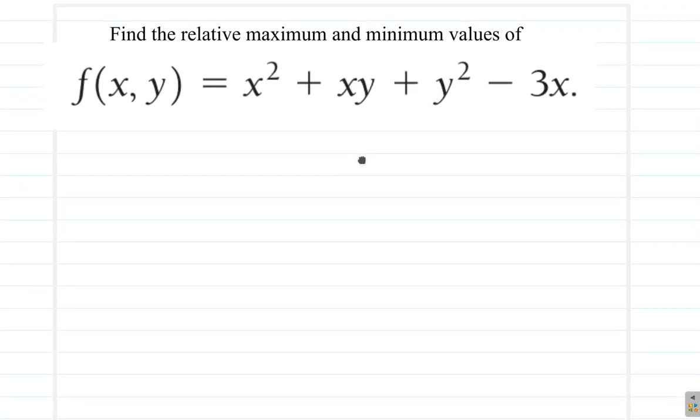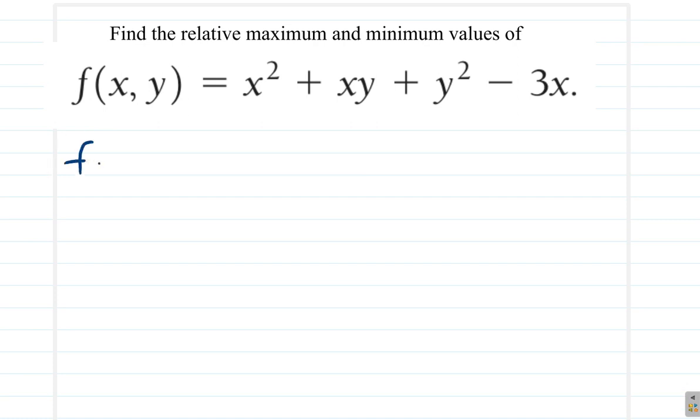So here now, we find fx. fx is equal to, we differentiate this function with respect to x. So I have 2x plus y minus 3, and fy differentiated with respect to y.